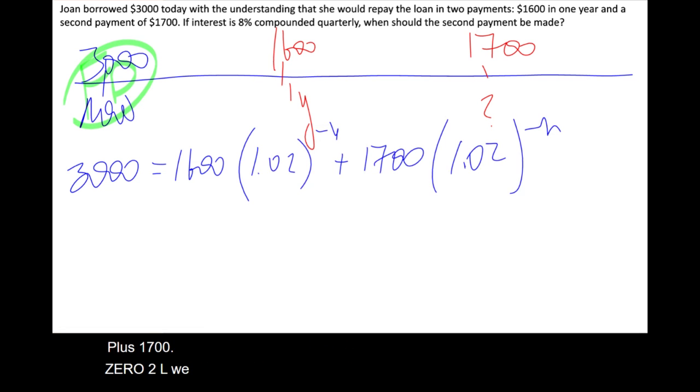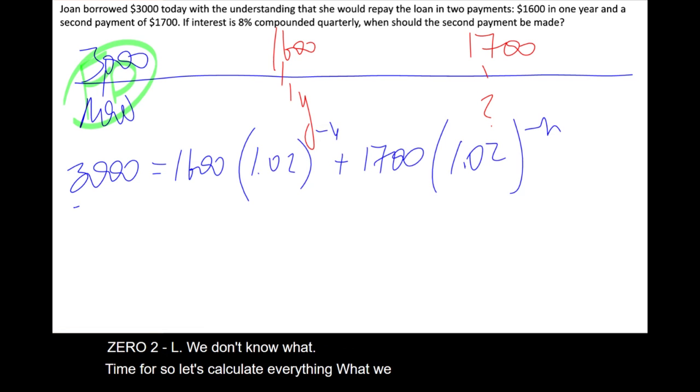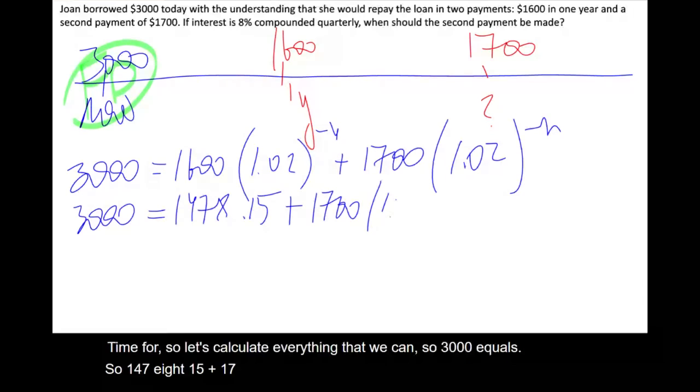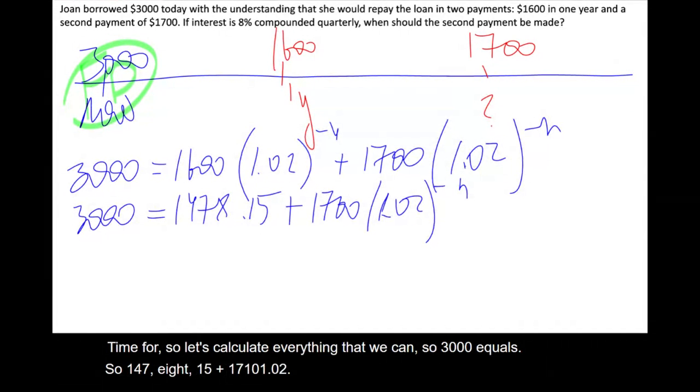We don't know what time point. So let's calculate everything we can. So 3,000 equals 1,478.15 plus 1,700, 1.02. It's 1.02 negative.